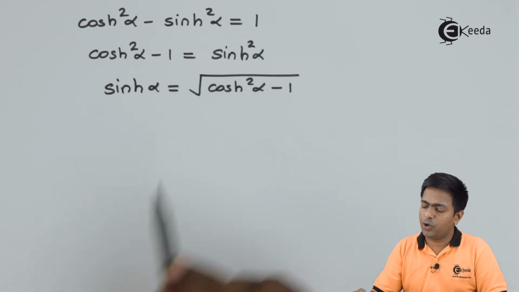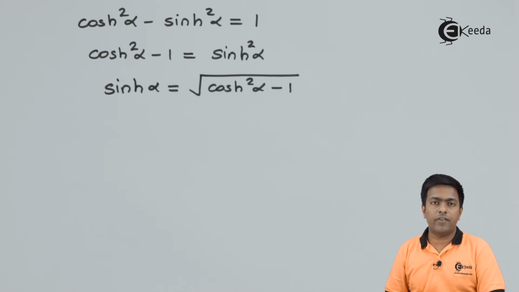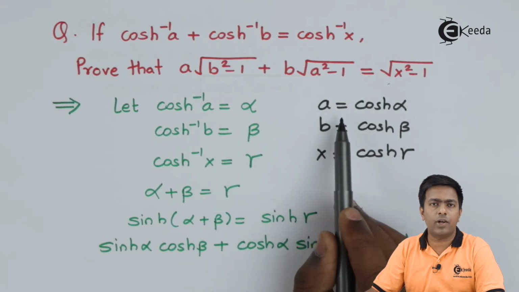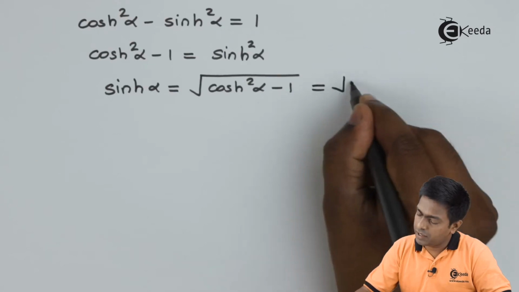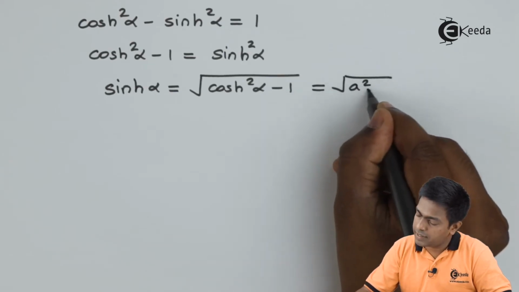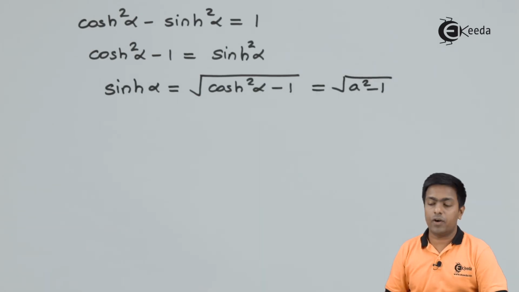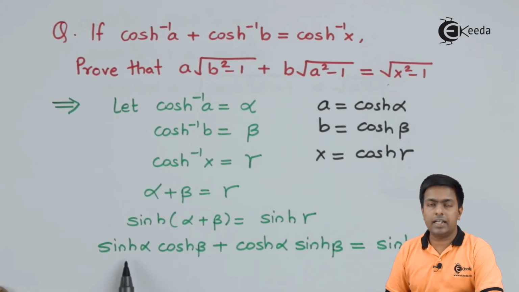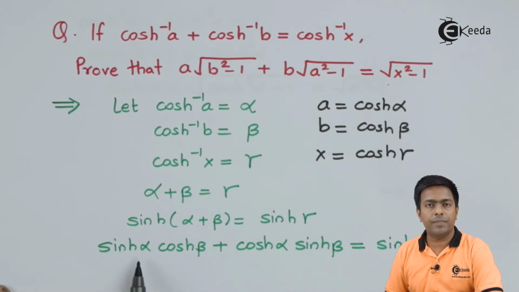Now guys, what is the value of hyperbolic cos of alpha? So here we got the value of hyperbolic cos of alpha as A. So I'll put this value of A over there. So we'll get under root A square minus 1. So this is the value of hyperbolic sin of alpha. So guys, in this result I can put that value over here.